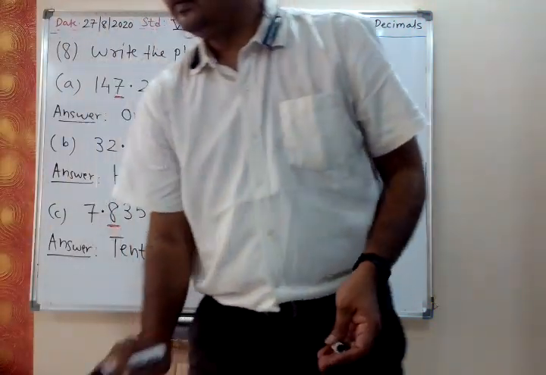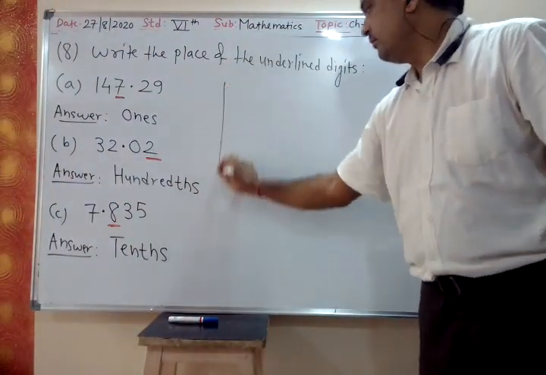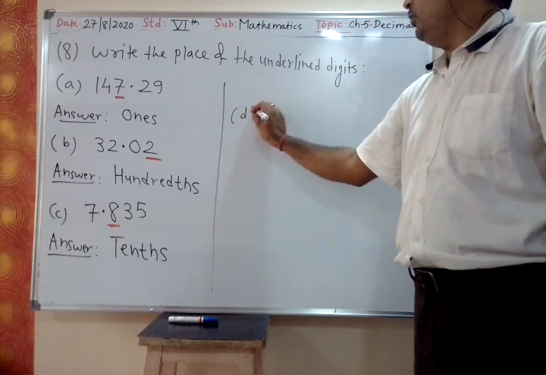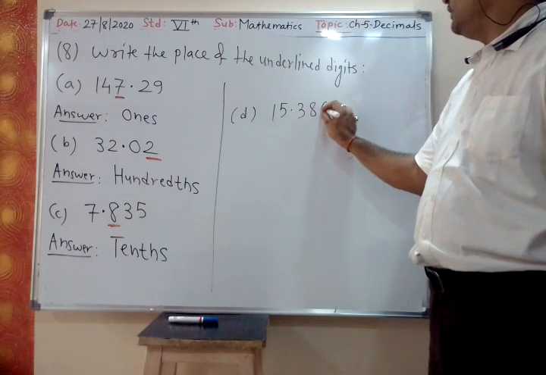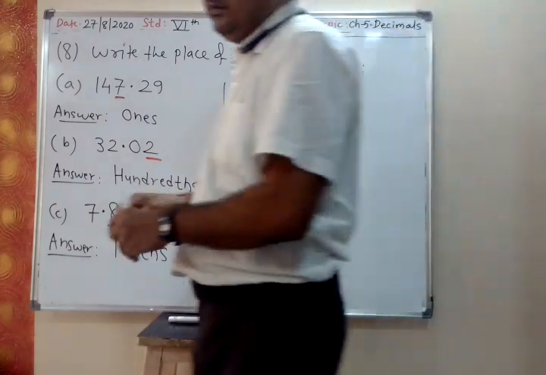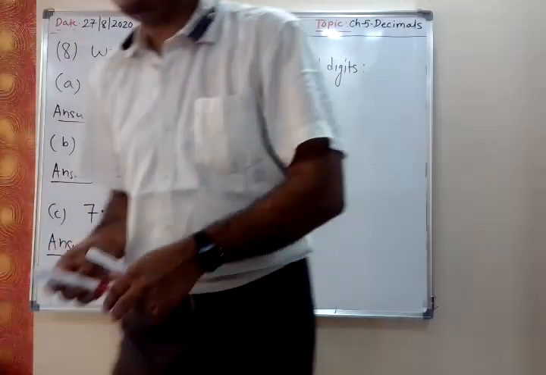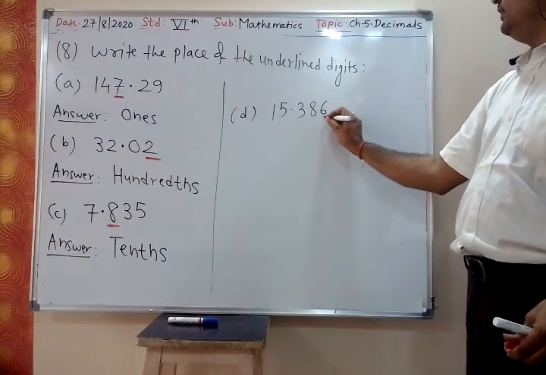D is 15.386 and the underlined digit is 6.